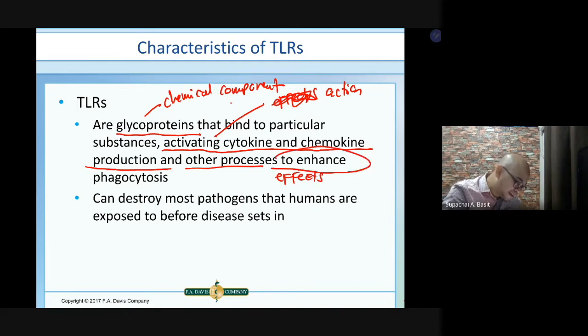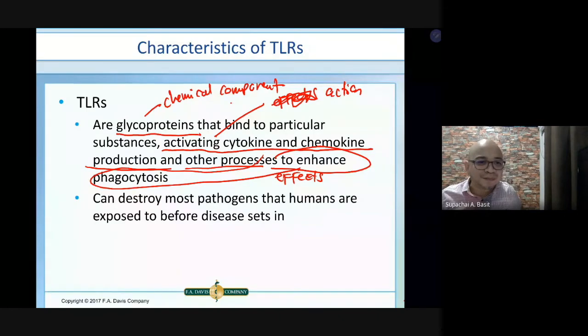The main effect is to enhance phagocytosis. So the chemical component of TLR is glycoproteins. What is the main action? They can activate cytokines and chemokines. And the effect is to enhance phagocytosis.